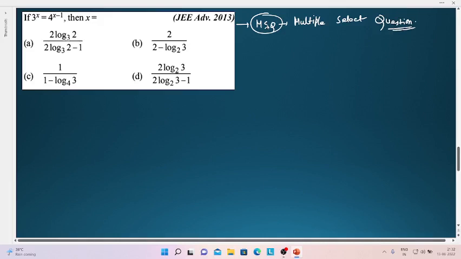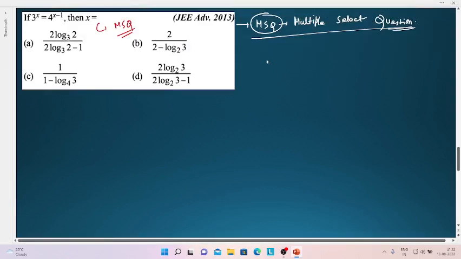Basically multiple choice questions have only one correct option, and in a multiple select question more than one option can be correct. There may be one, two, three, four, or all options correct. So this is an MSQ type question. Let me write that down.